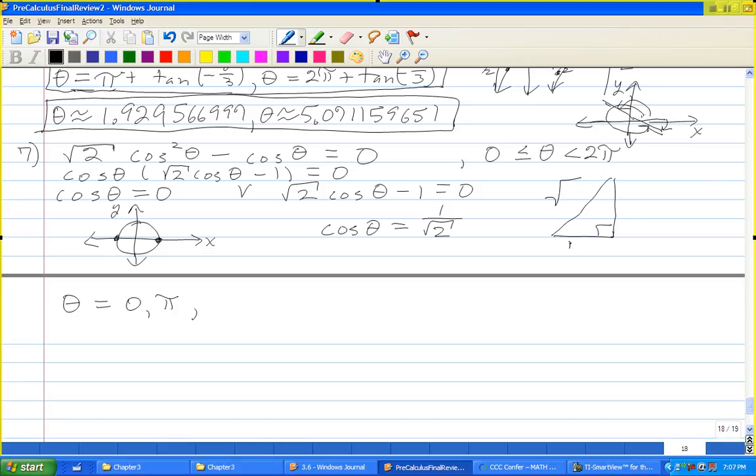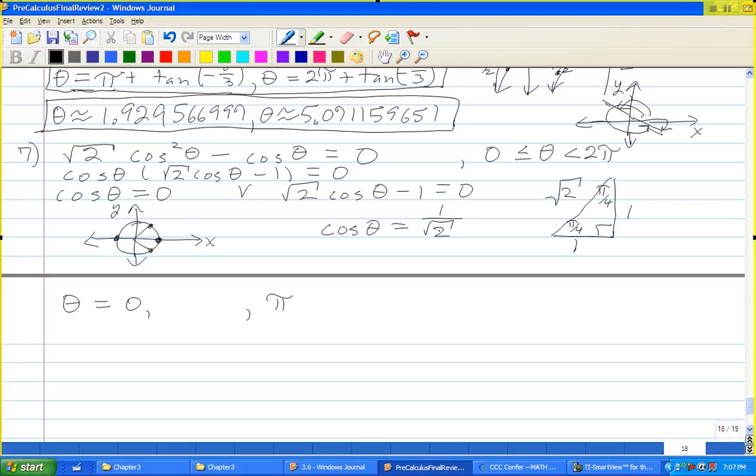Next, I have a 45, 90-degree angle. So there's a pi there. Actually, there'll be 2 of them before I get there. Okay, so cosine is going to be here and here.